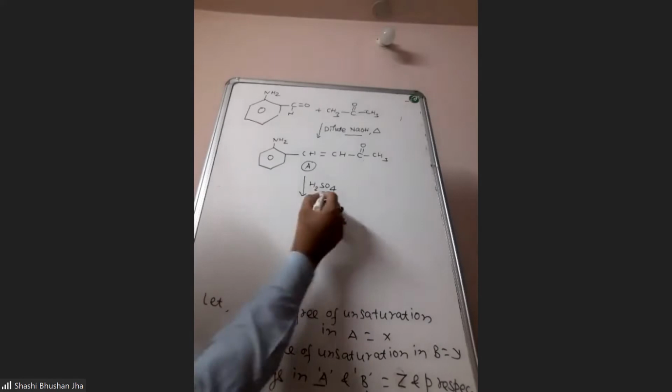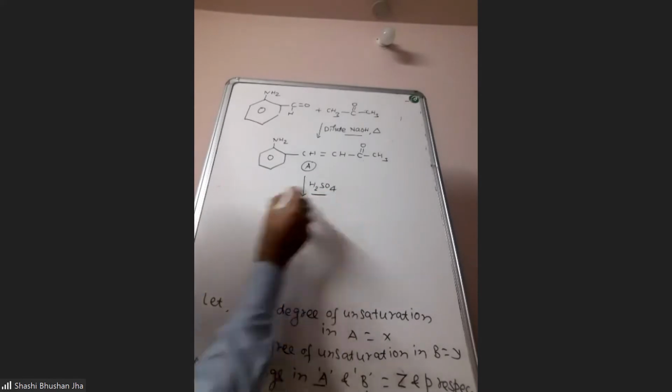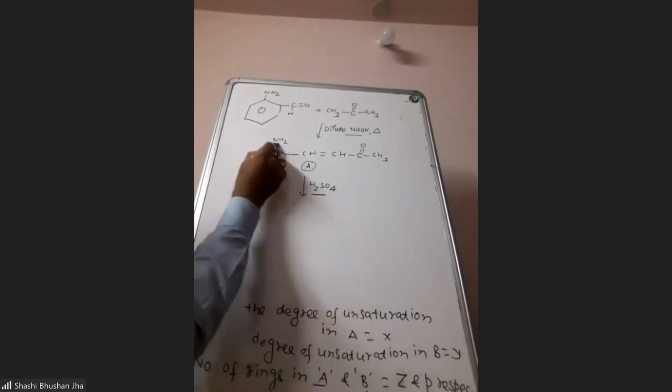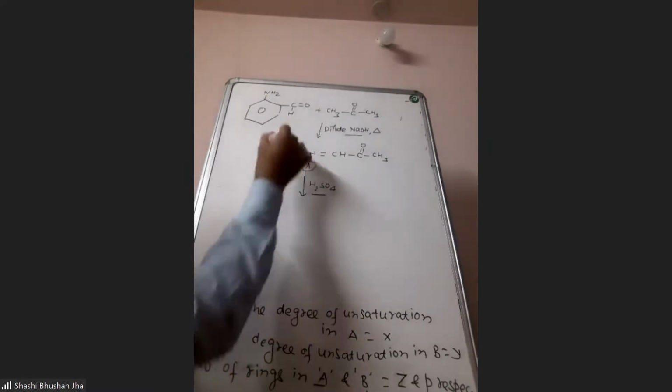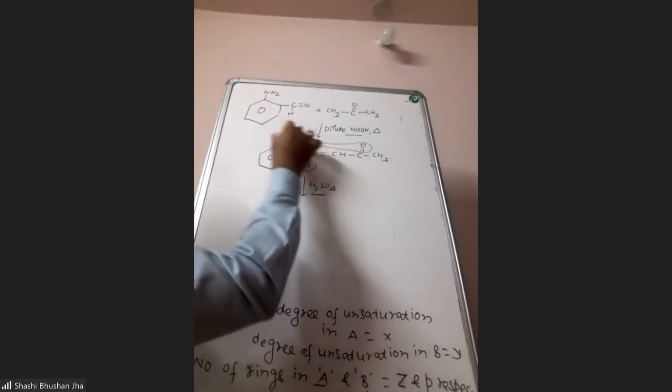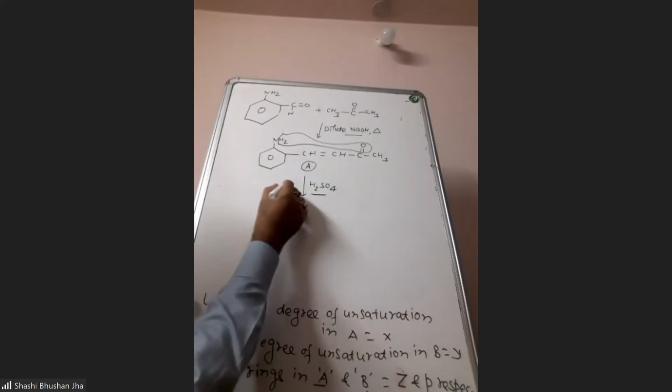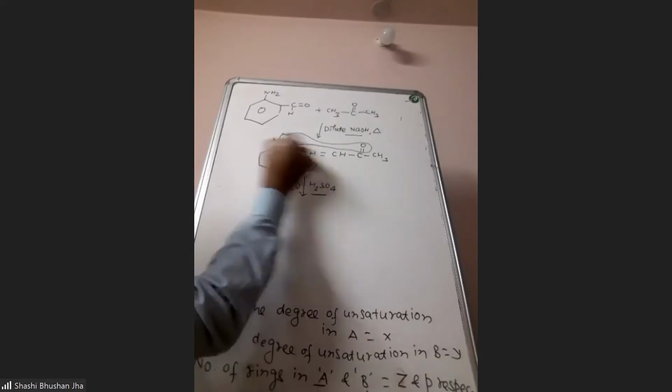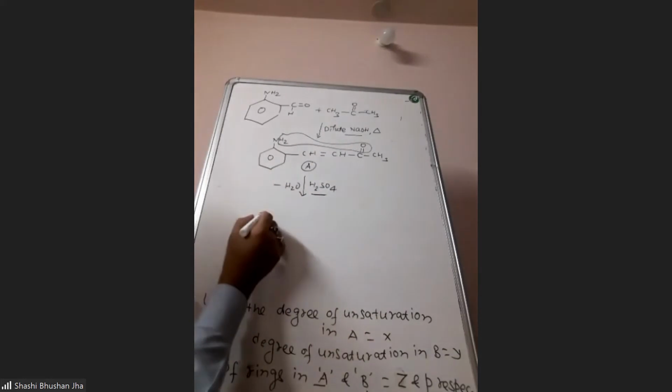Addition of all ammonia derivatives on carbonyl compounds is an acid catalyzed reaction. Here is the ammonia derivative and here is the carbonyl group. You just need to remove this H2 and this O in the form of water and connect this nitrogen and this carbon by a double bond.